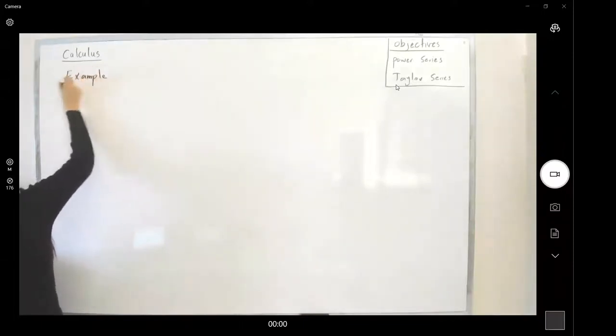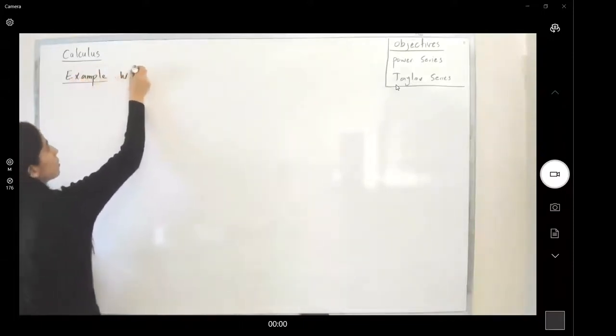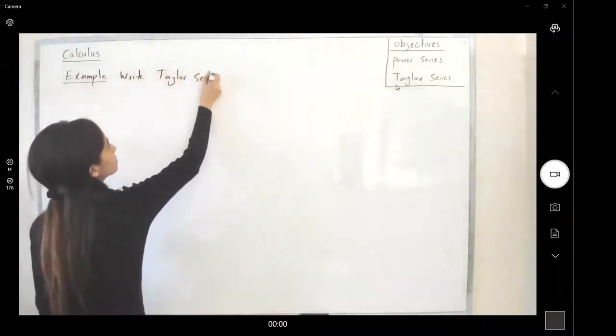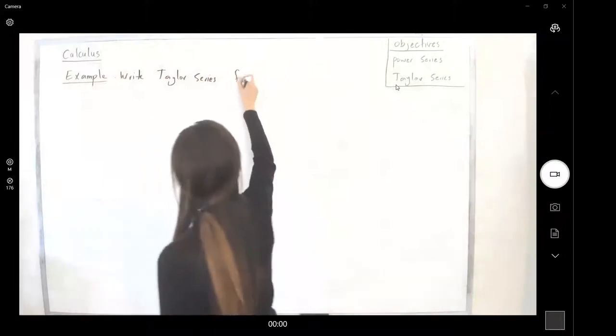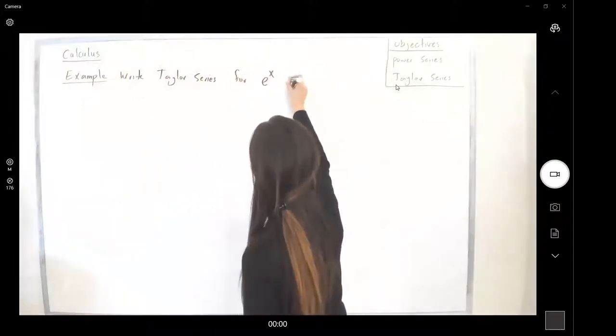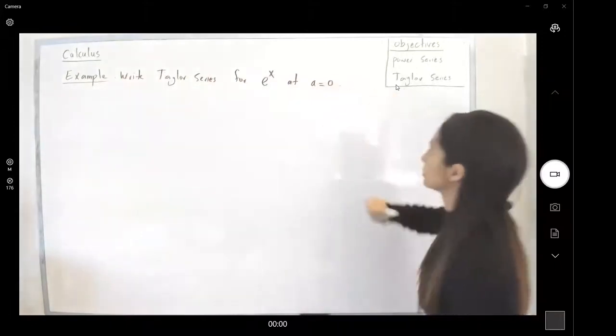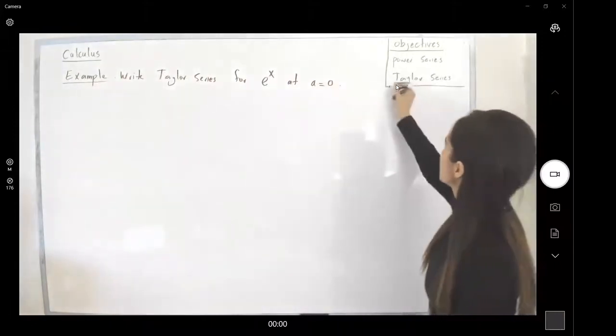Example: write the Taylor series for e to the x at center a equal to 0. Let's write the note here.